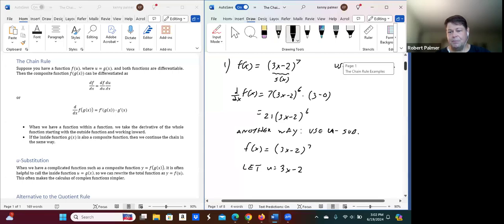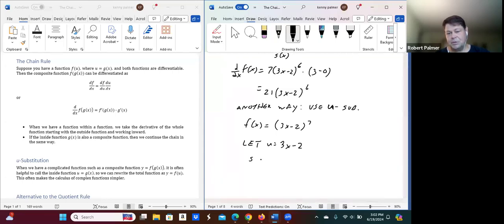So now we can write this: f of x is actually equal to f of u, and this is now just u to the 7th. Okay, there's what we have. So this is u to the 7th. Of course, u, or u of x, is this.